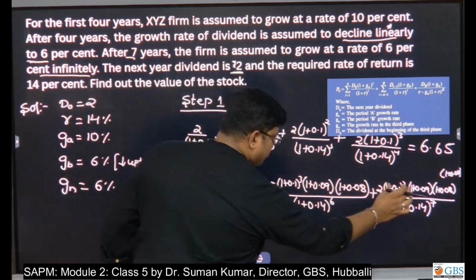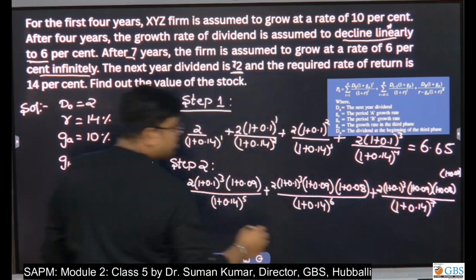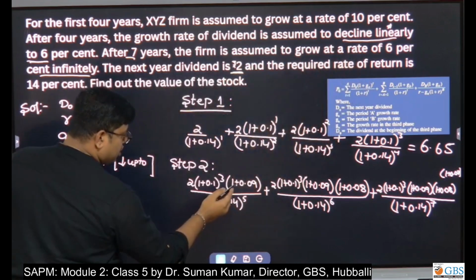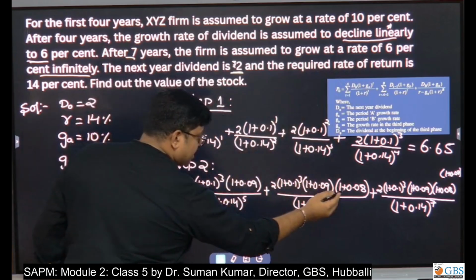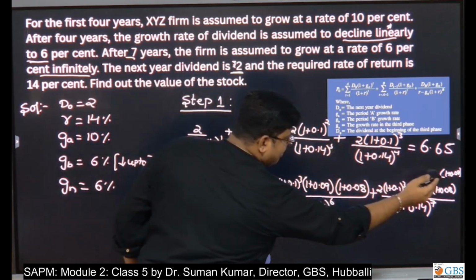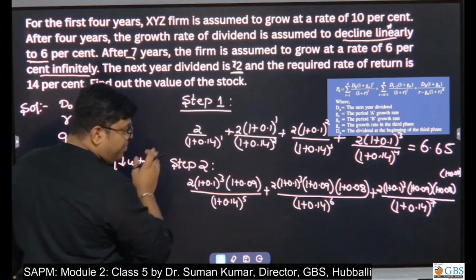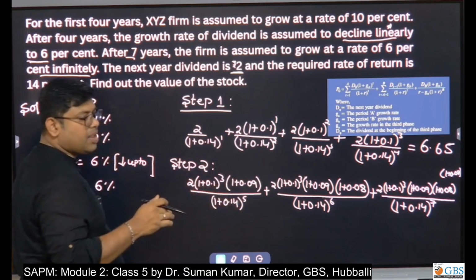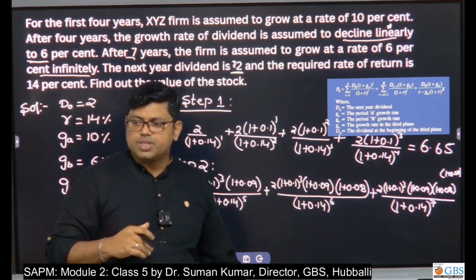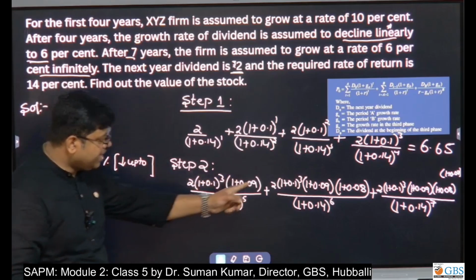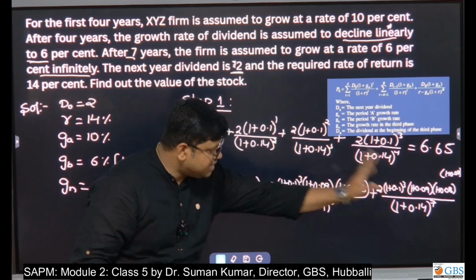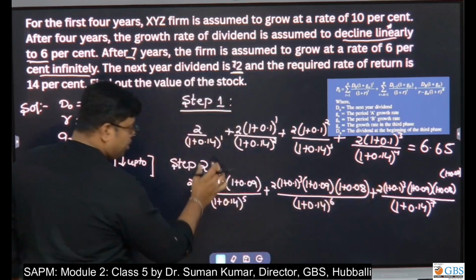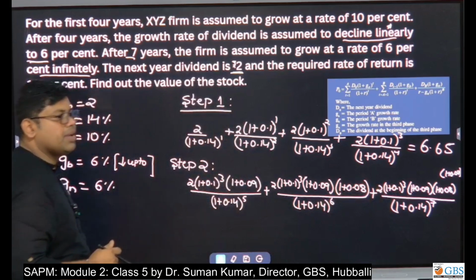Then again the same thing with 7%, because it is clearly mentioned linearly declining. So 9%, second 8%, then again 7%. Step by step, 9, 8, then 7. This is the second part of this problem. Step by step you can solve and let me know the answer for this.